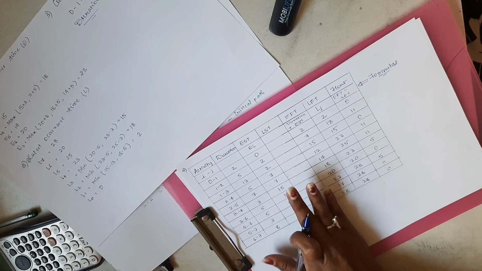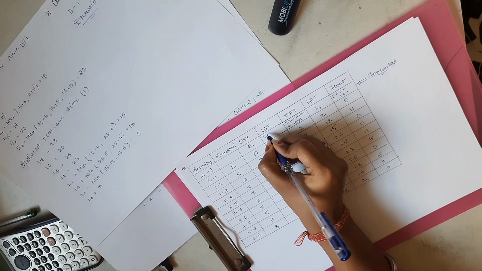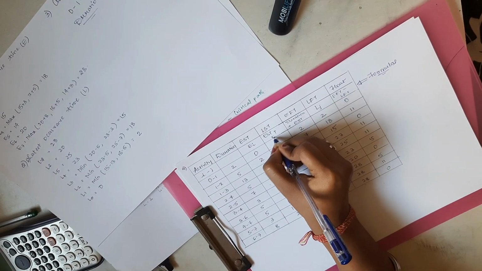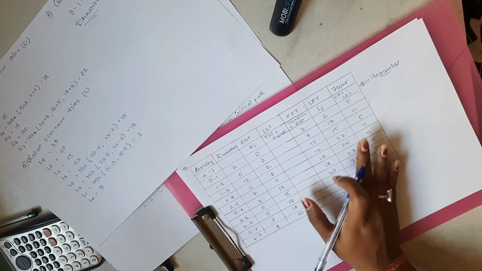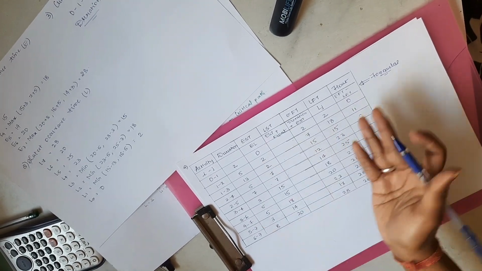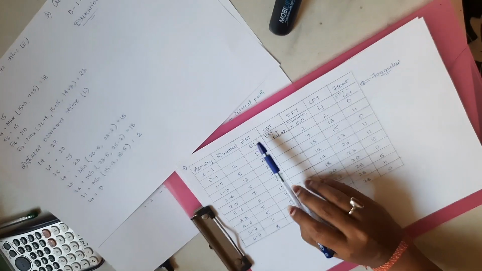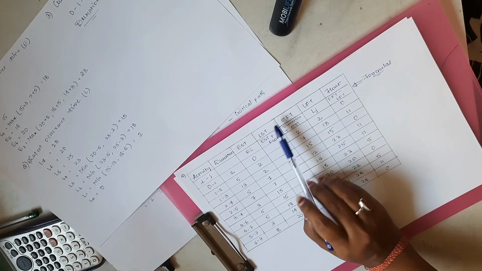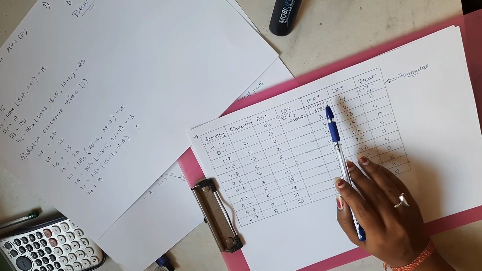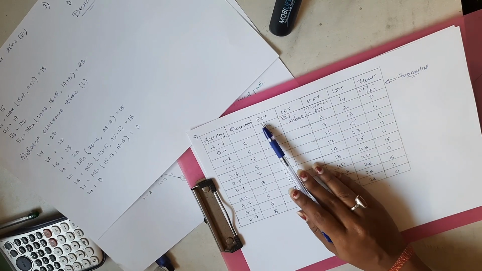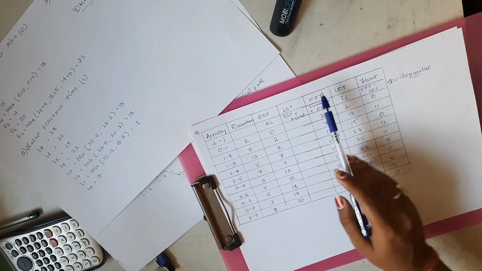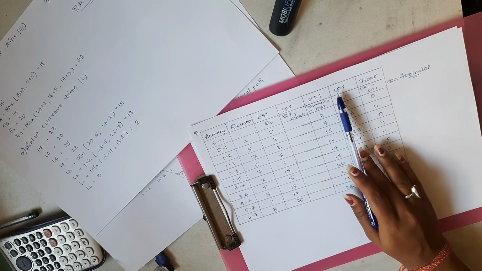Now next would be calculating LST. So it is nothing but EST plus float. Just simply you need to add the float and the EST. What actually float is, it is the difference between the EST and LST, or we could say EFT and LFT. EST is earliest start time, LST is latest start time, then EFT is earliest finish time, and LFT is latest finish time.